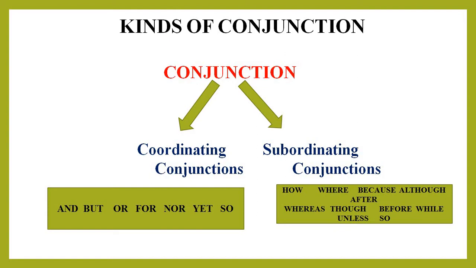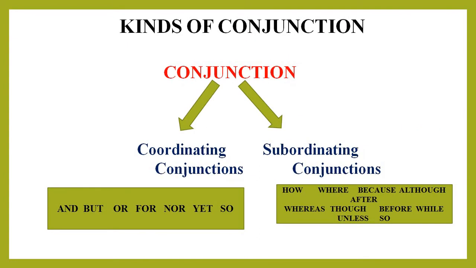There are two kinds of conjunctions. First is coordinating conjunctions. Second is subordinating conjunctions. For example, in coordinating conjunctions: and, but, or, for, nor, and so on. For subordinating conjunctions, you can see how, where, because, although, after, whereas, though, before, while, unless, so, etc.